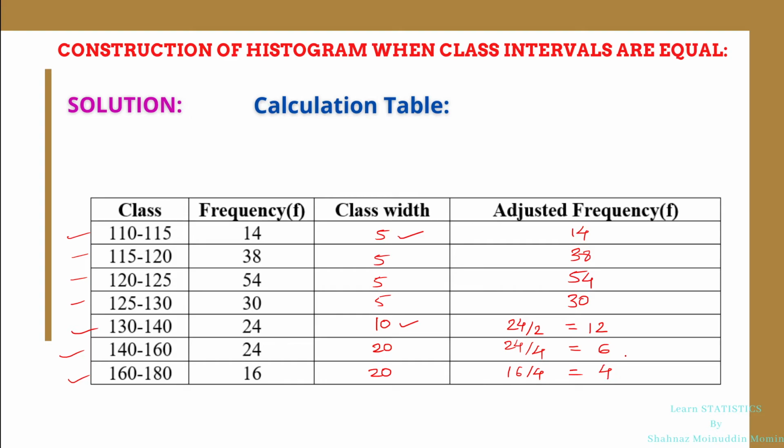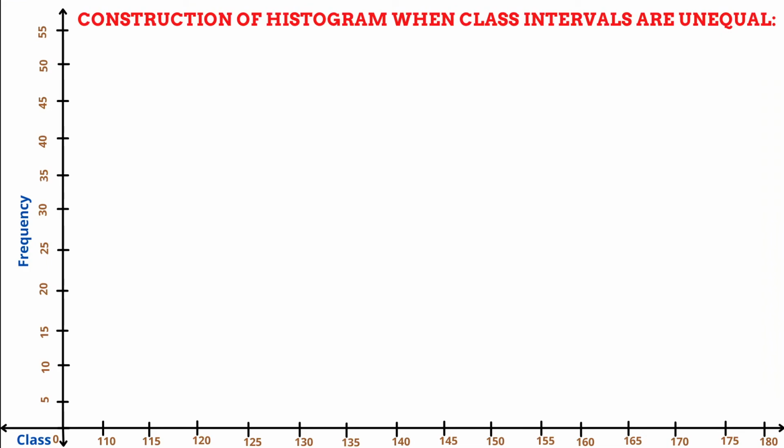In order to draw the histogram, I will take classes along the x-axis and adjusted frequencies along the y-axis. Then we erect rectangles where the area of the rectangle is proportional to the frequency of the corresponding classes.